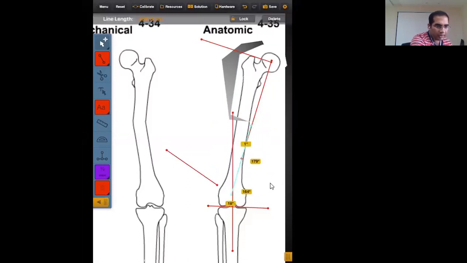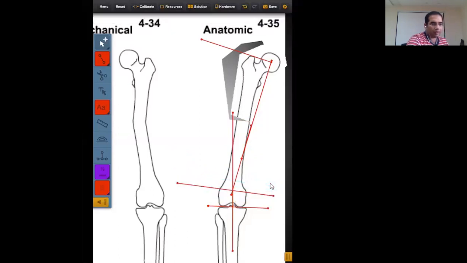So now it is again a 16 degrees deformity, larger angle of 164, and again I think the 82 degrees would be my bisector. So what I need to do now is, I will be doing a supracondylar osteotomy. I will not want to do an osteotomy in the condyle.